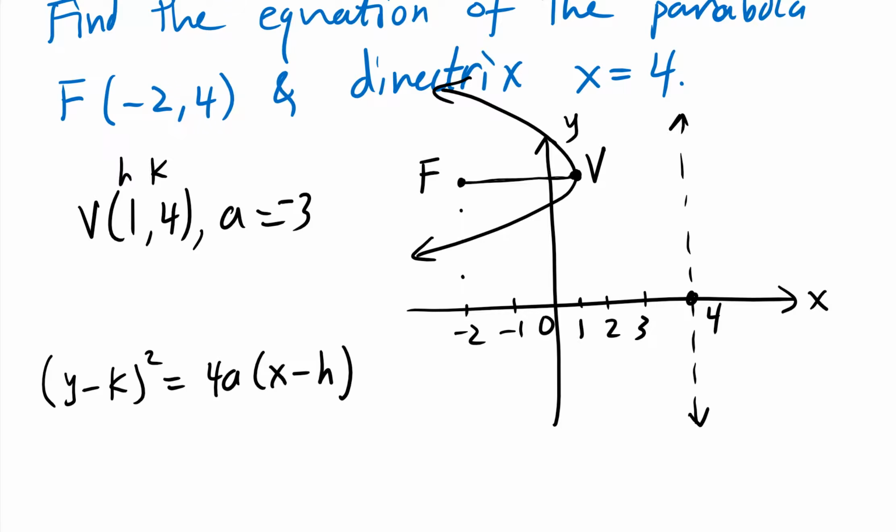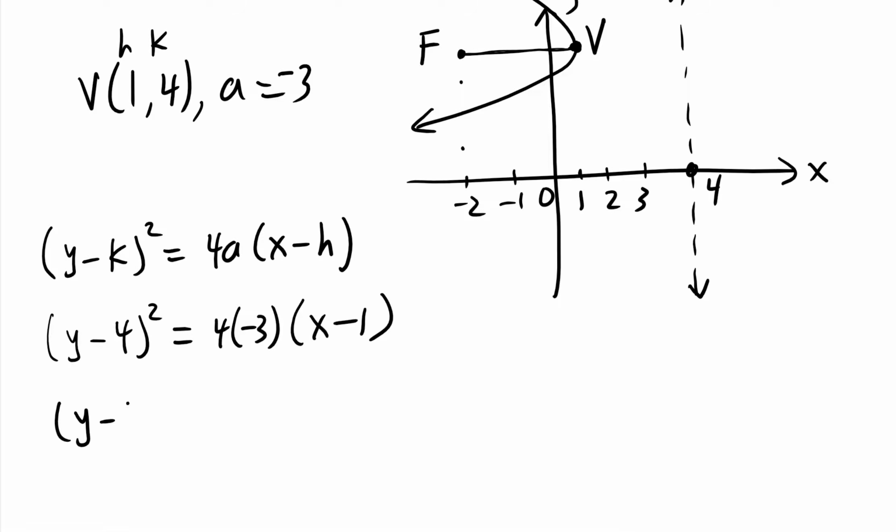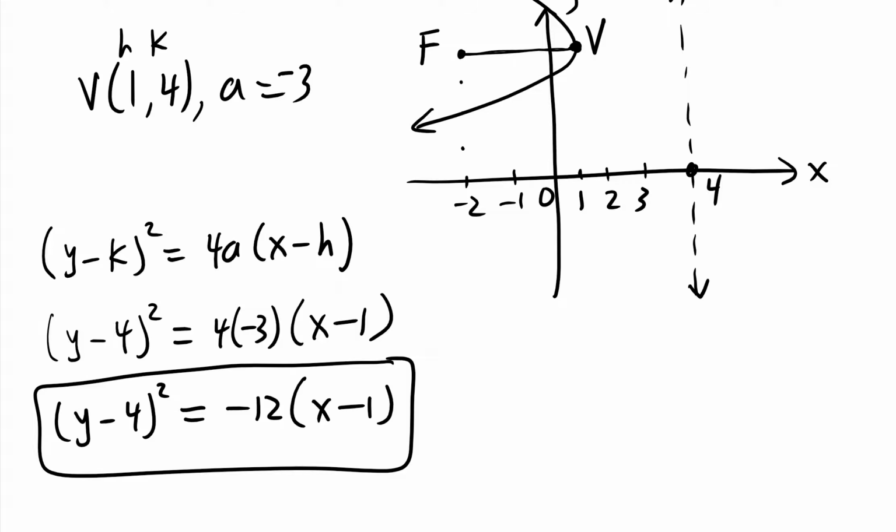So now all we have to do is substitute: y minus 4 squared equals 4 times negative 3 times x minus 1. As one last step, we multiply this to get negative 12 times x minus 1. We don't have to expand, that's all you need to do.